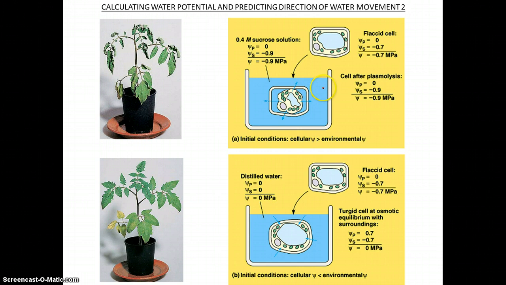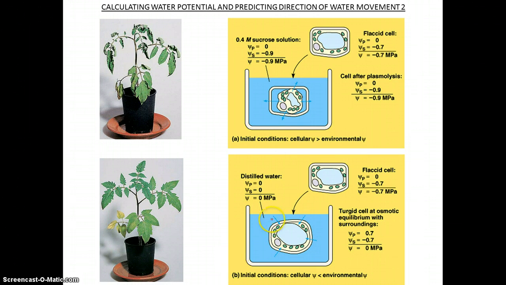Now, if you put it in a hypertonic environment, and the water potential is higher in the cell versus outside the cell, then the water will leave the cell. Okay, and that will lead to plasmolysis. What plants like is turgid conditions.